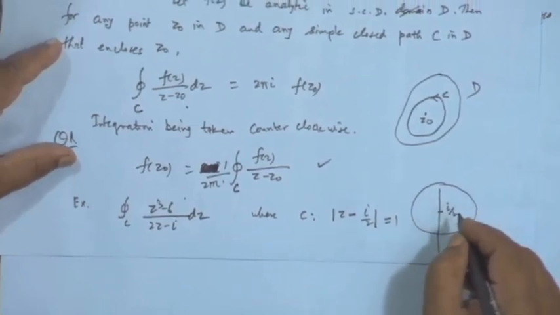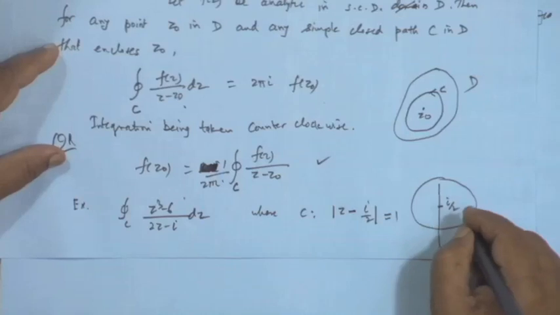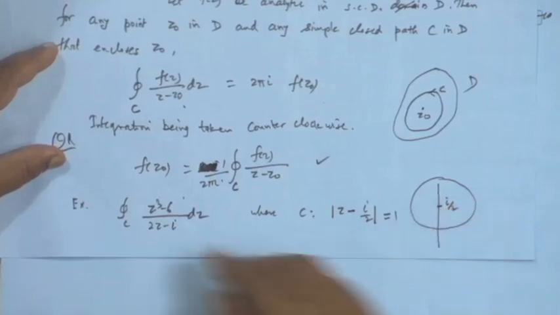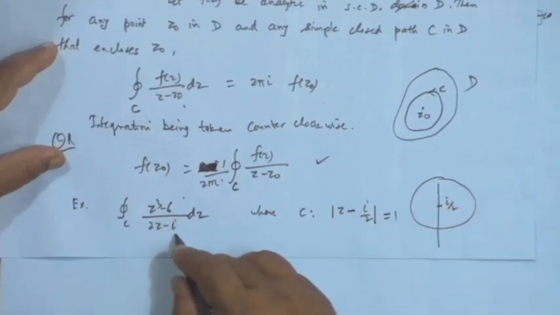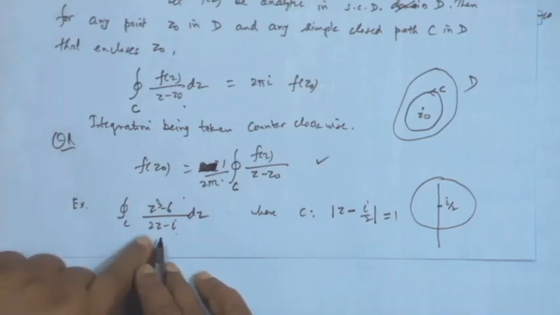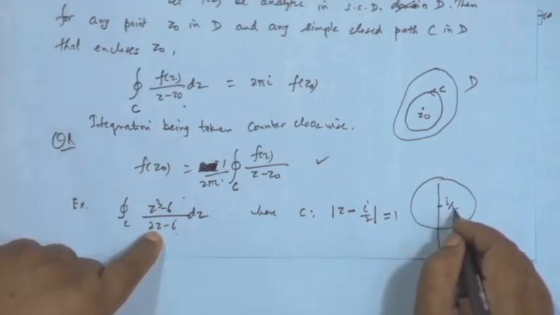Then what we get is that this function z cube minus 6 over 2 z minus I ceases to be analytic at z equal to I by 2.